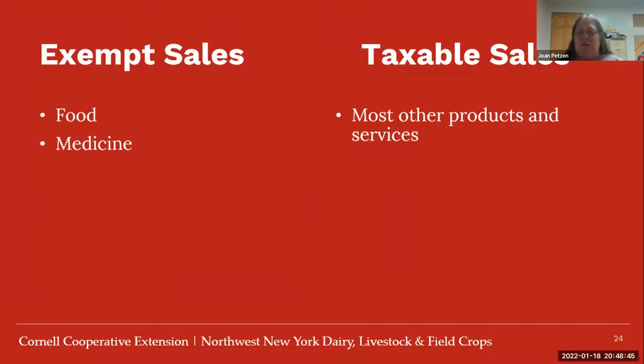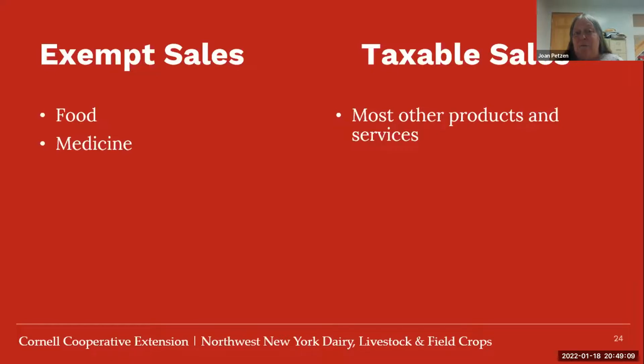Some of the common ones that people ask me questions about: firewood, taxable. Horse boarding services, taxable. Just trying to think of a few other things that are taxable. Flowers, taxable. Plants, taxable. So there are many things that are taxable.